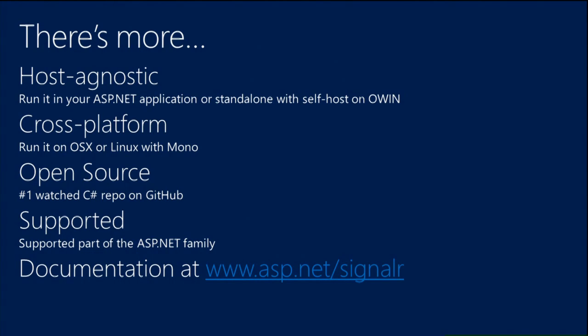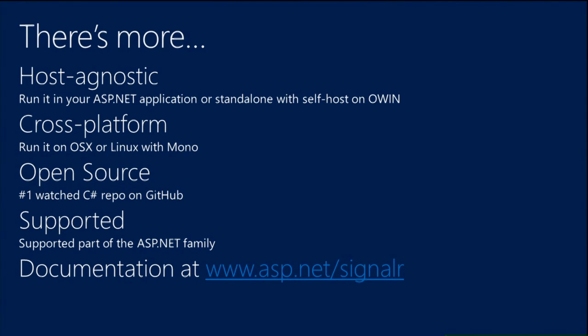The reason that is important and possible is because it's hosted on OWIN, which stands for Open Web Interface for .NET. It's a new interface that defines the pluggability model for different .NET applications. SignalR is built on OWIN. The next version of Web API is going to be built on OWIN. That means you can host both SignalR and Web API in your own process outside of a web host.